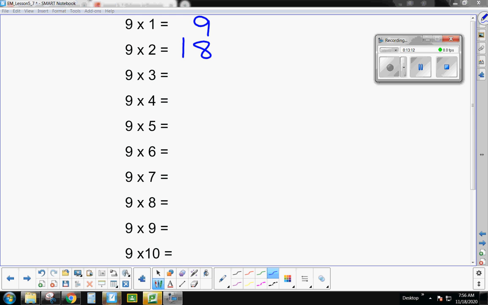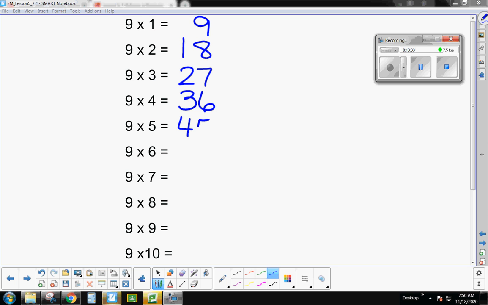Go down and back, right? So 18, 28, take one off, it's 27. 9 times 4, think of my number grid. 27 plus 10 is 37. Go back 1, 36. 9 times 5, I'm going to, again, go down 1. So 36 plus 10 is 46. Go back 1.